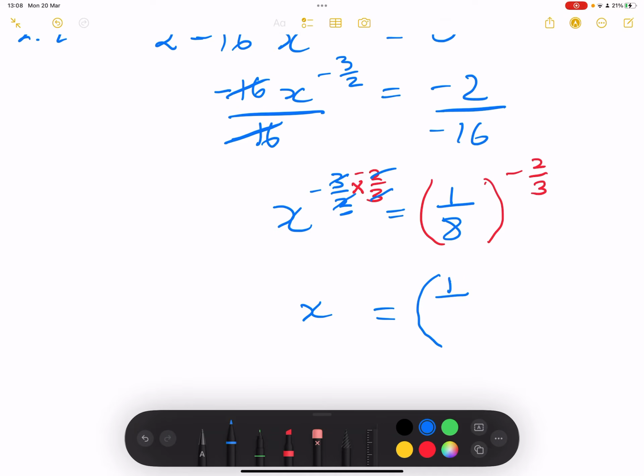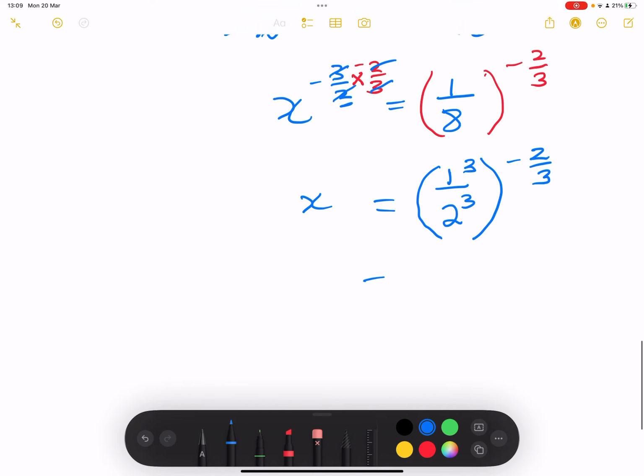Now think about it. This is 1 over 2 to the exponent 3. But what you can also do, remember, 1 to the power 3 is also 1, so we can express it this way. But remember that we've got negative 2 over 3 over there.